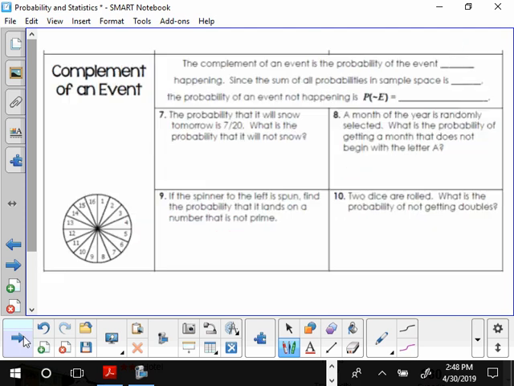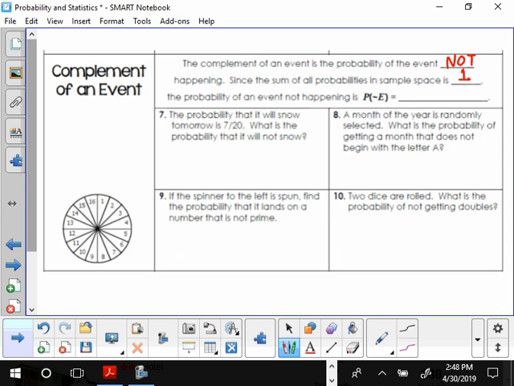Okay. Let's move to compound. And what that means is actually we'll do complement first, then compound. The complement of an event is the probability of the event not happening. Since the sum of all the probabilities in a sample space is 1, the probability of an event not happening, you see that little line in front of E?